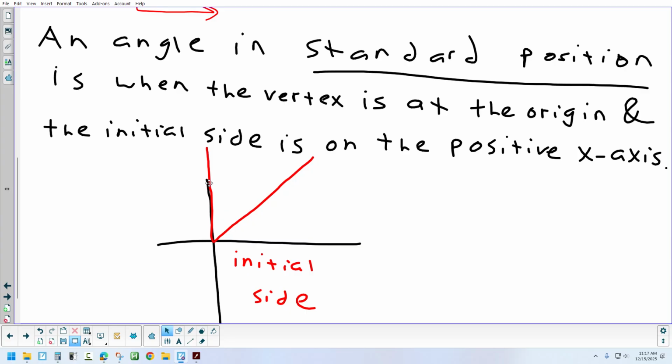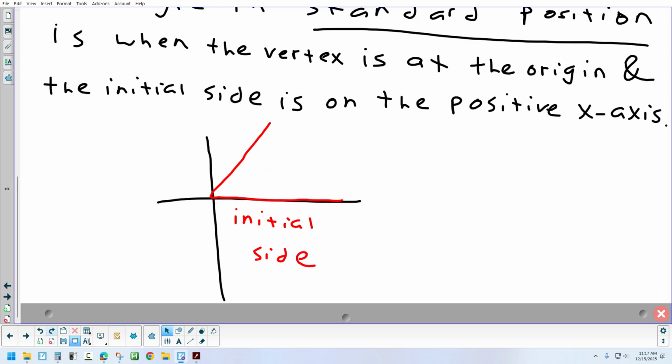The initial side is not on the positive x-axis. The terminal side looks like it's on the y-axis, but that doesn't mean anything. So we need it just like that for standard position. All right, so any questions on that?